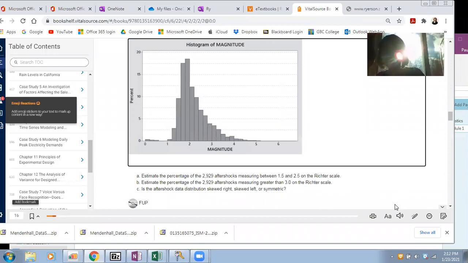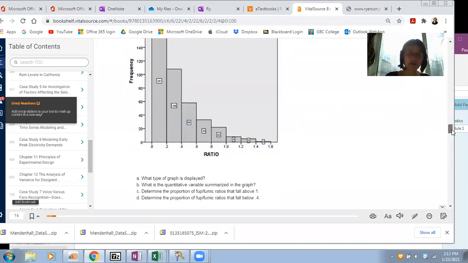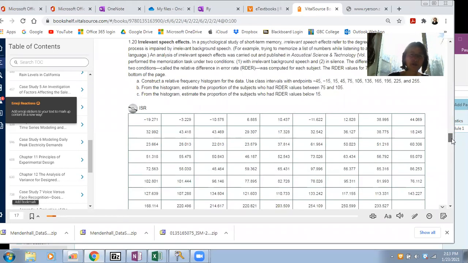Page 17. And question 1.20. Question 1.20.